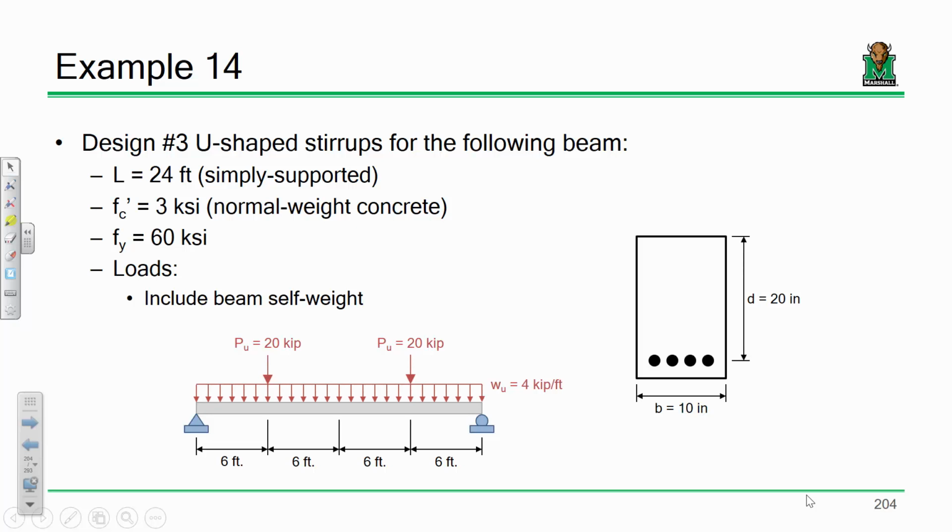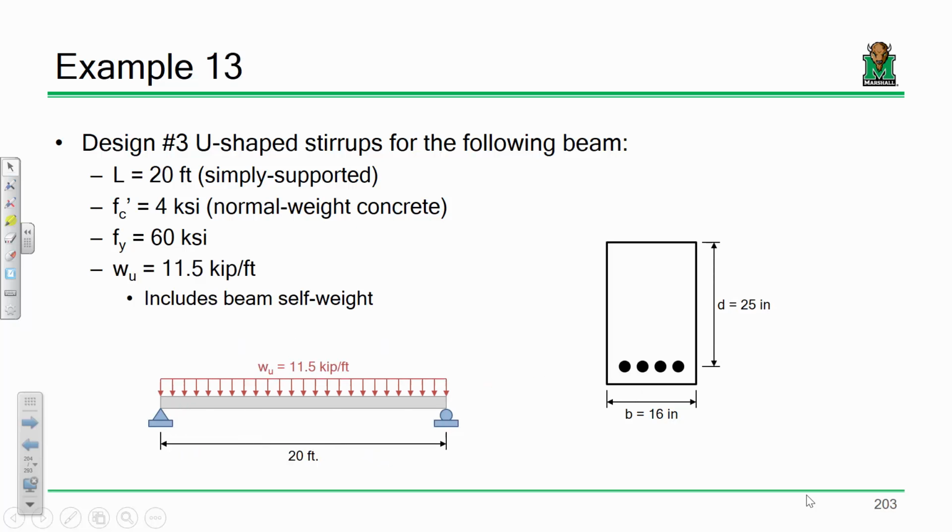Now, this looks different than our shear diagram last time, right? This was our loading from the last problem. And on the last problem, when we blew up the shear diagram, it just went up and went down, right?